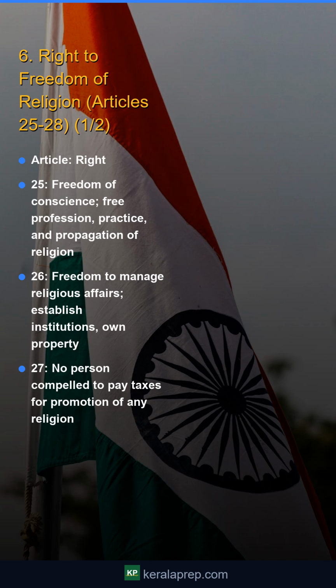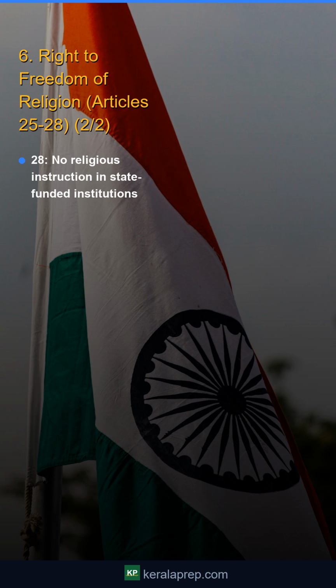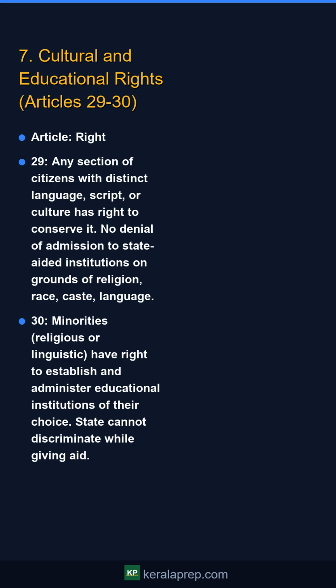Continuing 6. Right to freedom of religion. 28: No religious instruction in state-funded institutions. 7. Cultural and educational rights, Articles 29 to 30. Article 29: Any section of citizens with distinct language, script, or culture has right to conserve it.